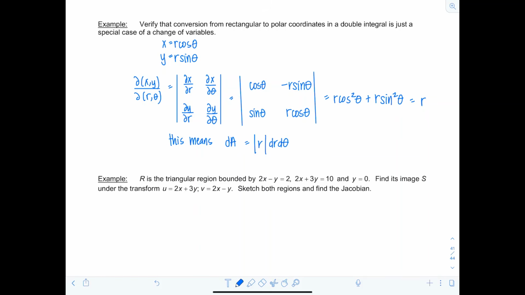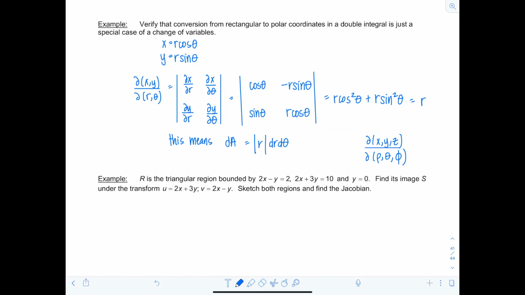And I recommend in your spare time, remember we figured out what dA was in spherical coordinates, right? Well, why don't you prove it to yourself? Find the Jacobian for transforming from xyz to rho, theta, phi. Do it. You'll love it.